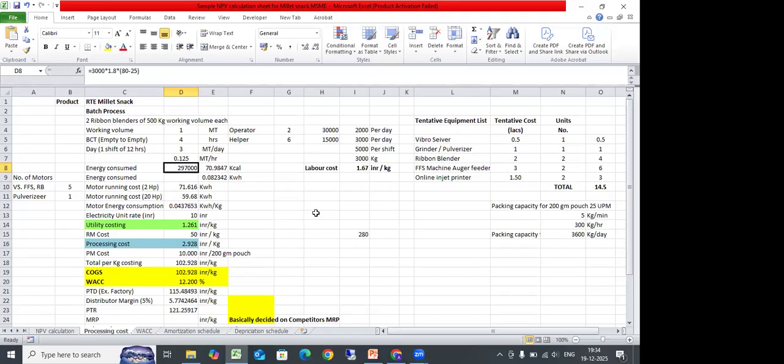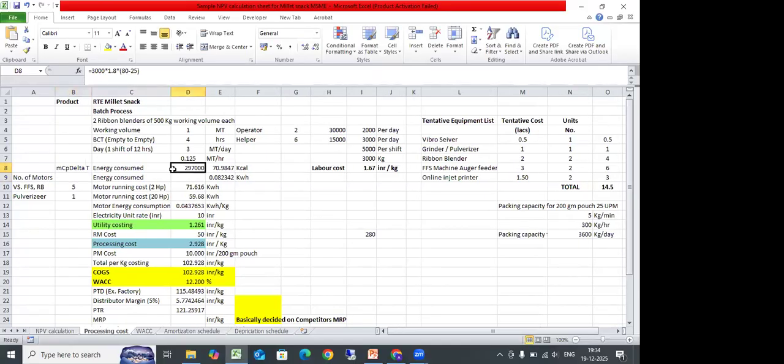So here I am calculating the cost required for heating 3 tons of material, for 3 batches. The simple formula is m Cp delta T, the formula for heat energy calculation. So this much kilocalories, this much kilowatt hour.